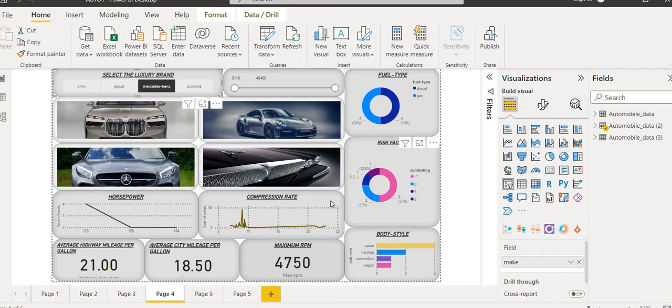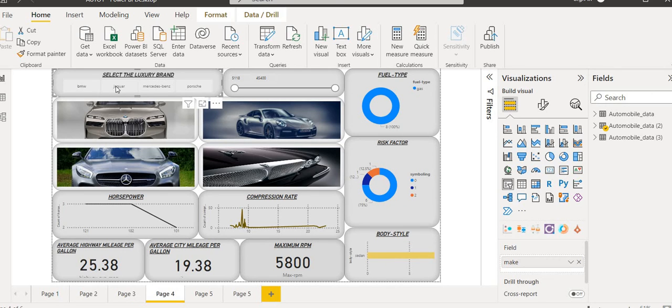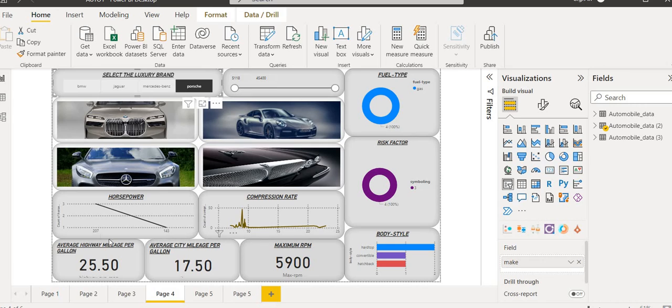Three cards are also used in order to measure maximum rate, average city mileage per gallon and average highway mileage per gallon of the brand. Like we can select BMW, Jaguar, Mercedes Benz, Porsche. You can see the Power BI project is working correctly.